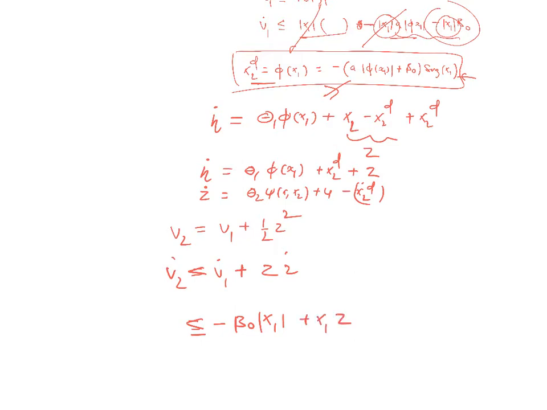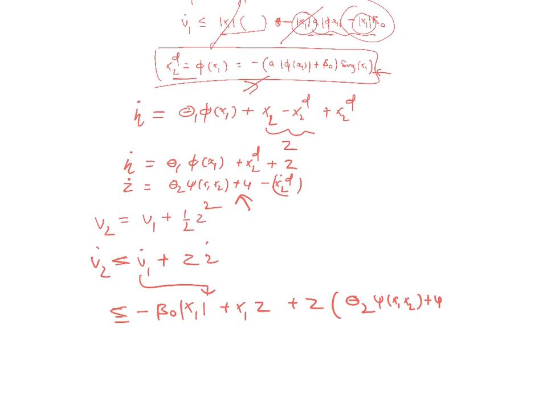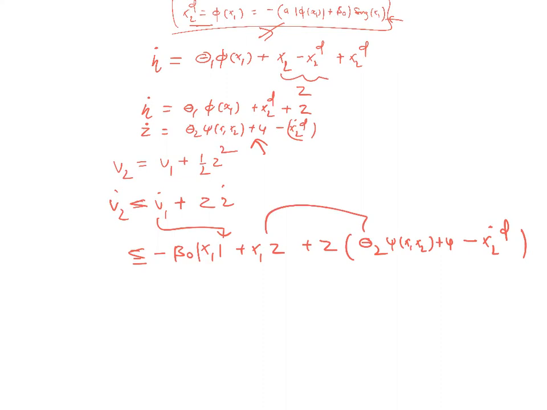That's your v1 dot plus z z dot, where z dot is this quantity: theta 2 phi of x1 x2 plus u minus x2 dot desired. Now you can bring this in here, so it is less than or equal to minus beta 0 x1 plus z x1 plus theta 2 phi of x1 x2 plus u minus x2 dot desired, right?